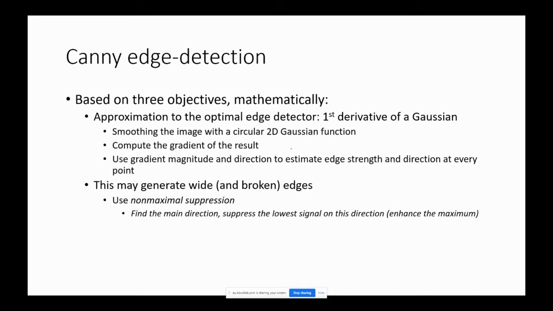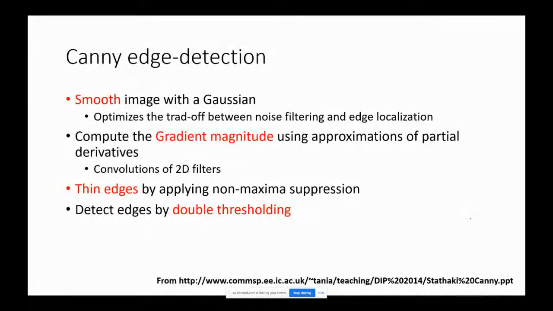Of this image that was the result of applying a smoothing function and then a gradient function. That's what non-maximal suppression is: finding the main direction, suppressing the lowest signals along this direction, and just keeping the maximal signals, meaning the maximum intensity values.